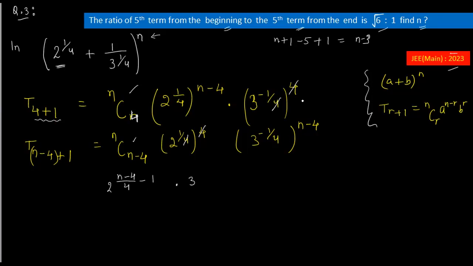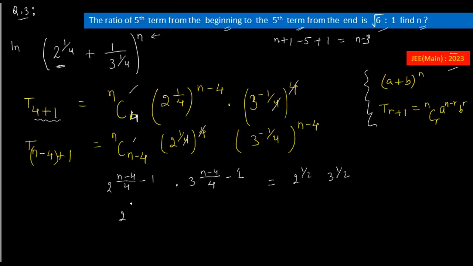So it becomes numerator, and we can write 3^((n-4)/4 - 1) equal to root 6. Root 6 can be written as 2^(1/2) into 3^(1/2).